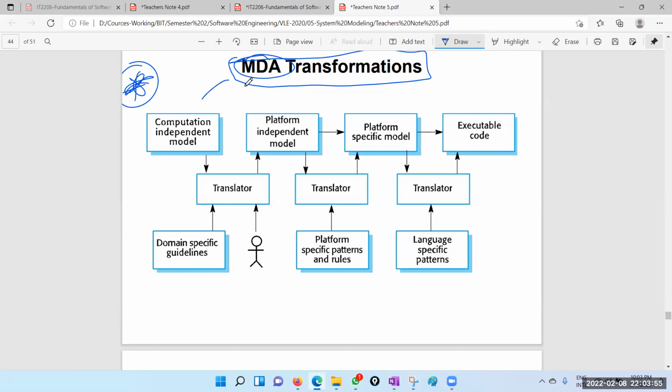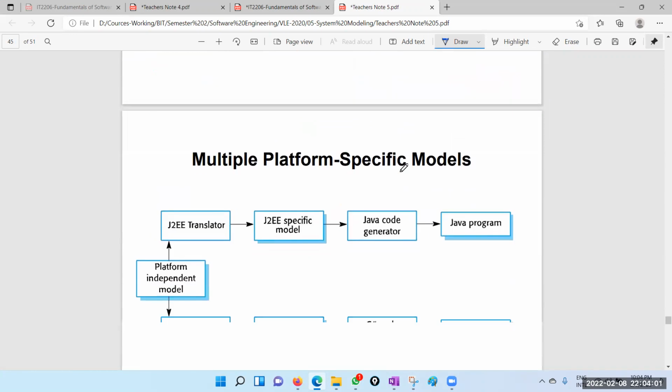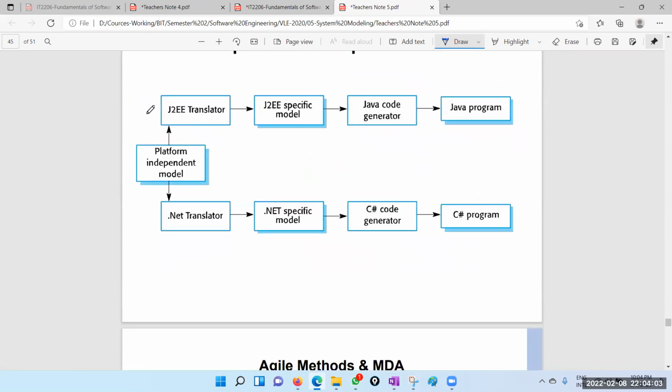So step by step we are going towards the final code. Okay. So this is just an example. So this is the Java side, how it can be done. Java side, that is what I explained using the Eclipse tool. And the same thing you can do for the .NET side.